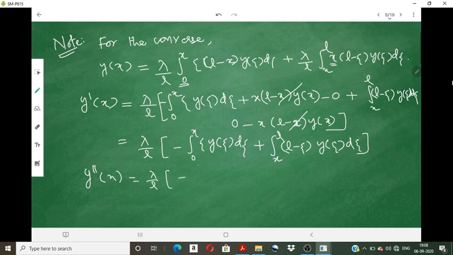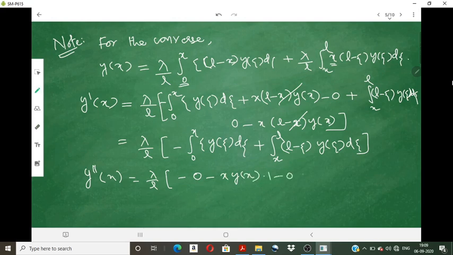Minus, by Leibniz rule, the first term containing the integral will be 0 since we differentiate with respect to x using the Leibniz rule; then minus, the second term will be x into y of x into 1.